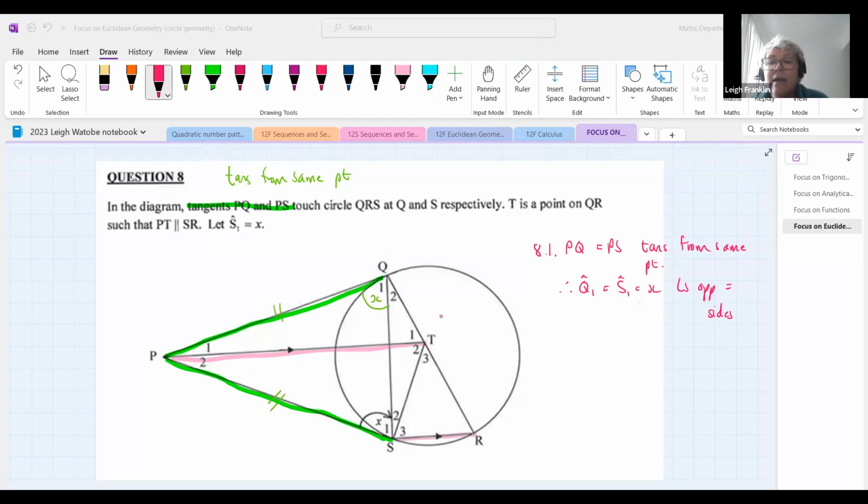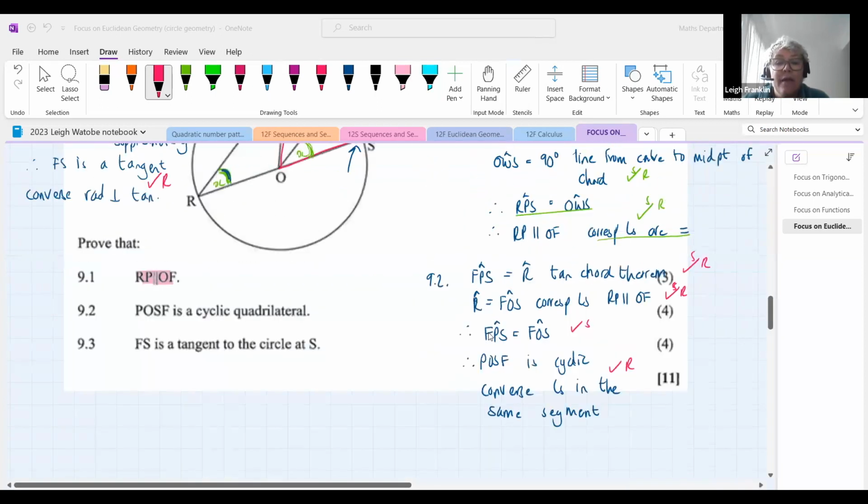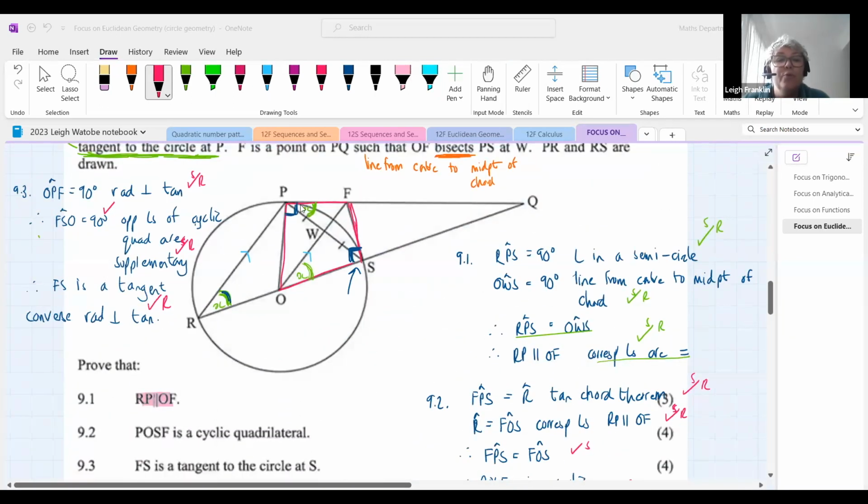Do you know for certain that QTSP is cyclic? It hasn't got a circle, so it's different. Remember, in this question here, we had to prove that PQSF was cyclic because there was no circle drawn through it.